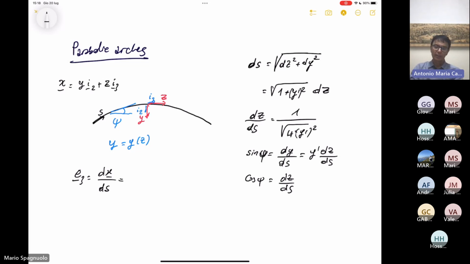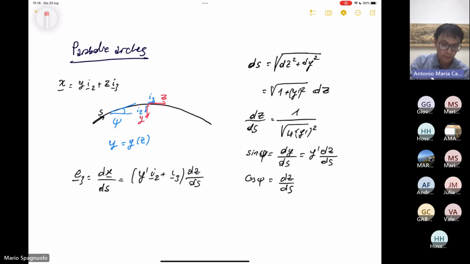So we are using these Cartesian coordinates y and z, with unit vectors we named i2 and i3. By computing this derivative, we obtain that this is equal to y prime i2 plus i3, simply, times dz over ds, which I will not expand, but is given here.